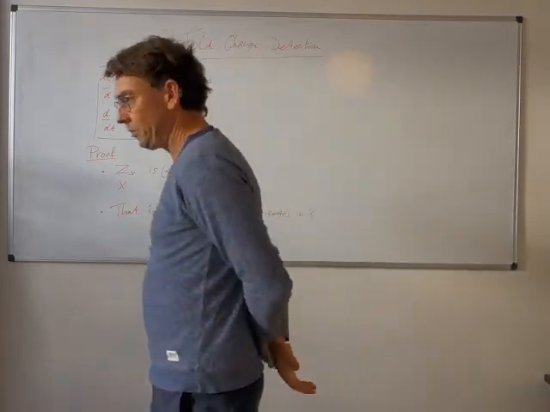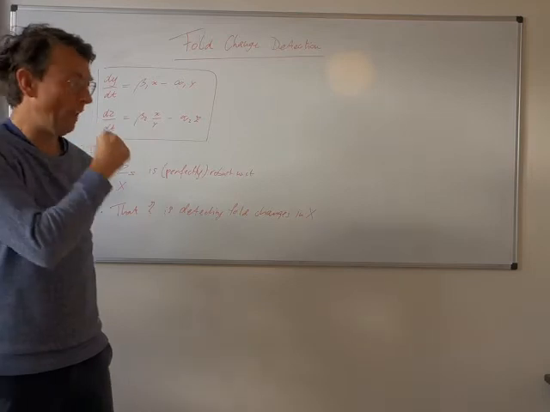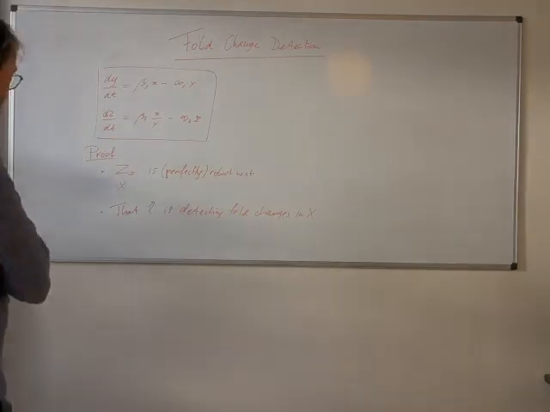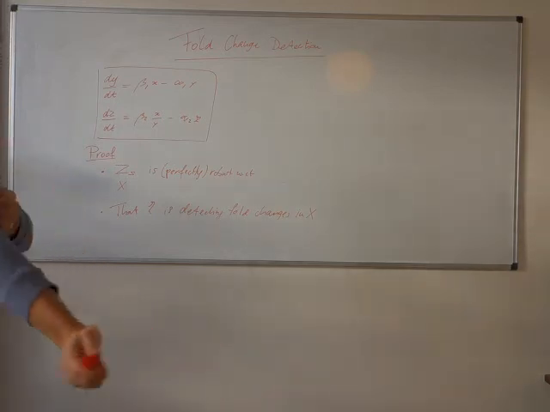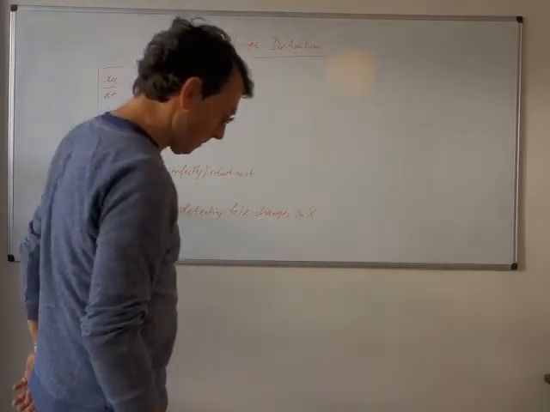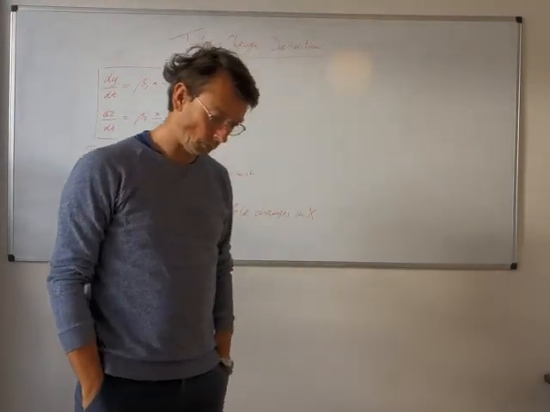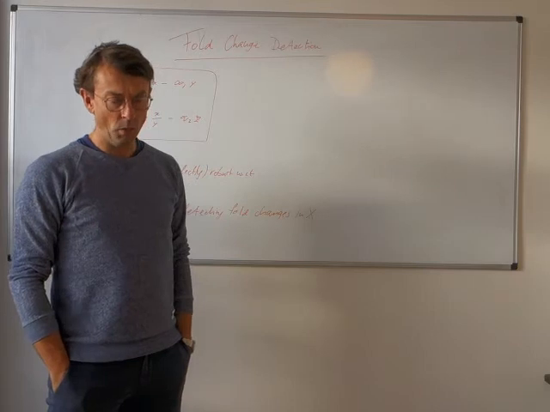So now what we have to do is think how we can prove that Z is detecting fold changes in X. Okay. So what does that mean?